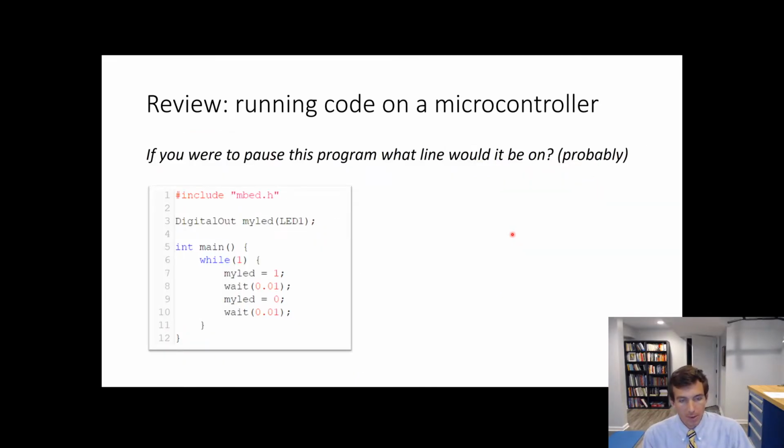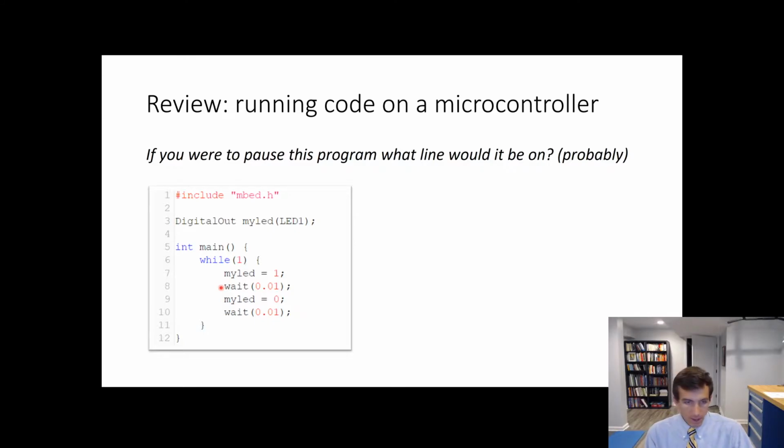So let's look at this program in a little bit more depth here. If I were to run this program for several minutes, I would execute line 7, line 8, line 9, line 10, line 7, 8, 9, 10 again and again and again. So each one of these lines would be executed the same number of times. But how long will I spend executing line 7 versus, for example, line 8?